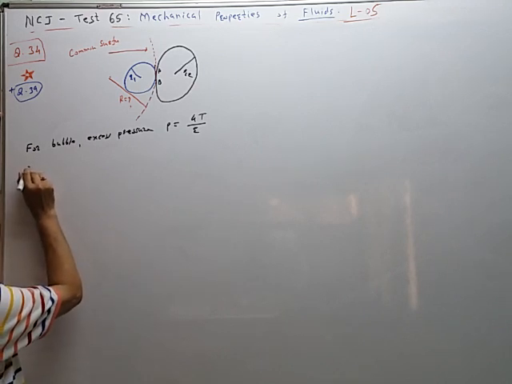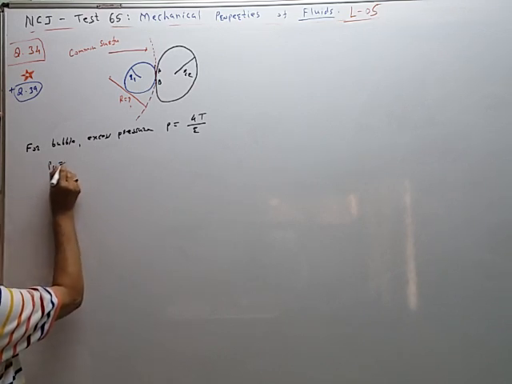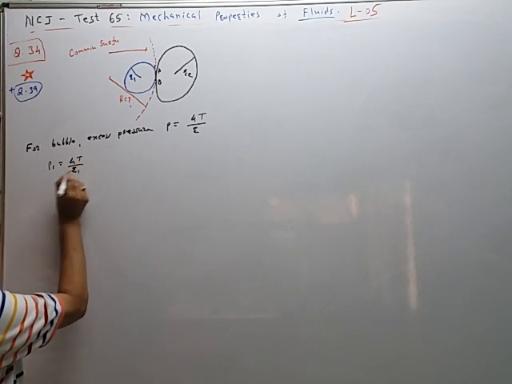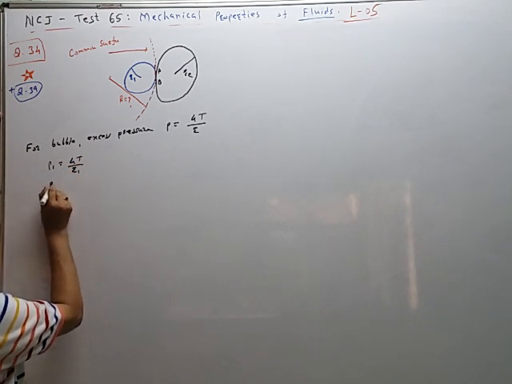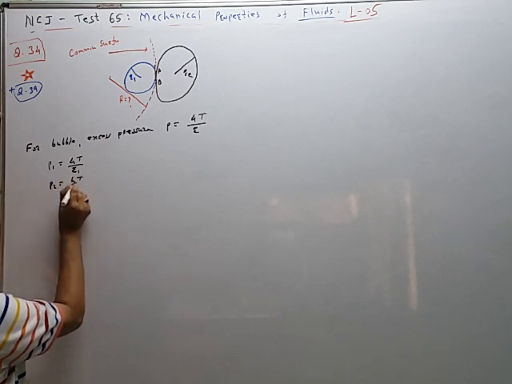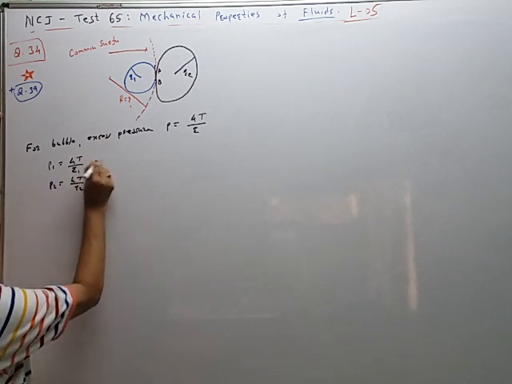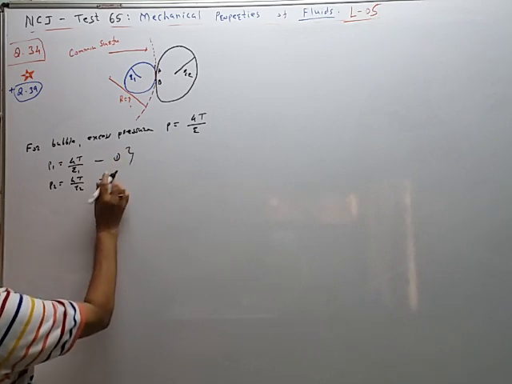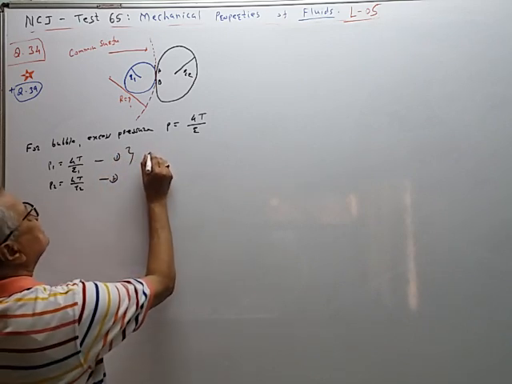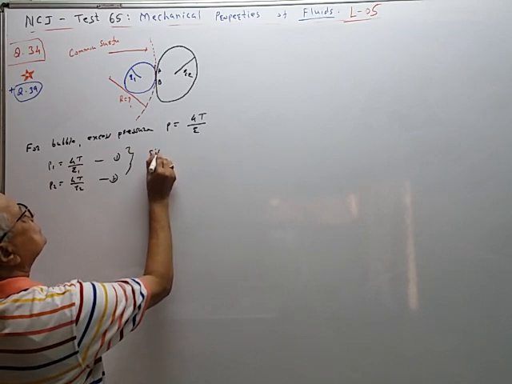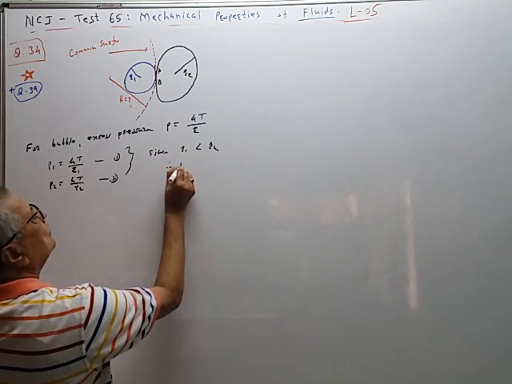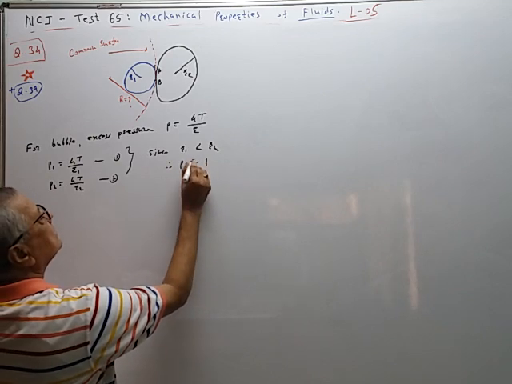Therefore, P1 is equal to 4 times T upon R1, P2 is equal to 4 times T upon R2. So this is equation 1, this is equation 2. What is the conclusion? Since R1 is less than R2, hence P1 is greater than P2.